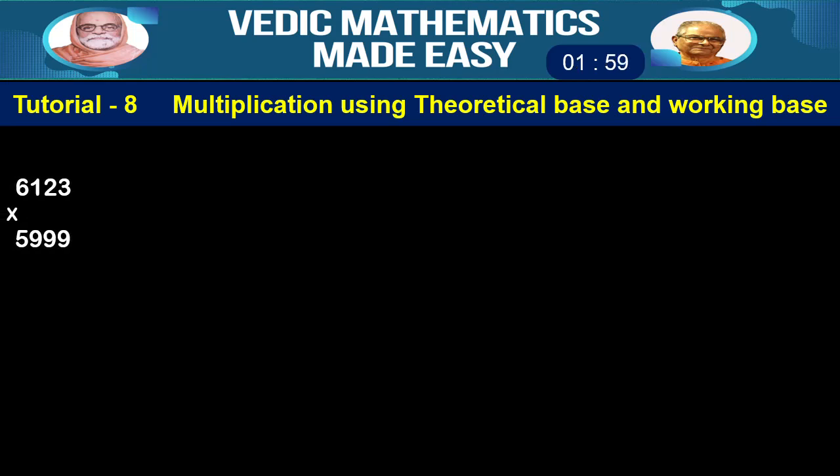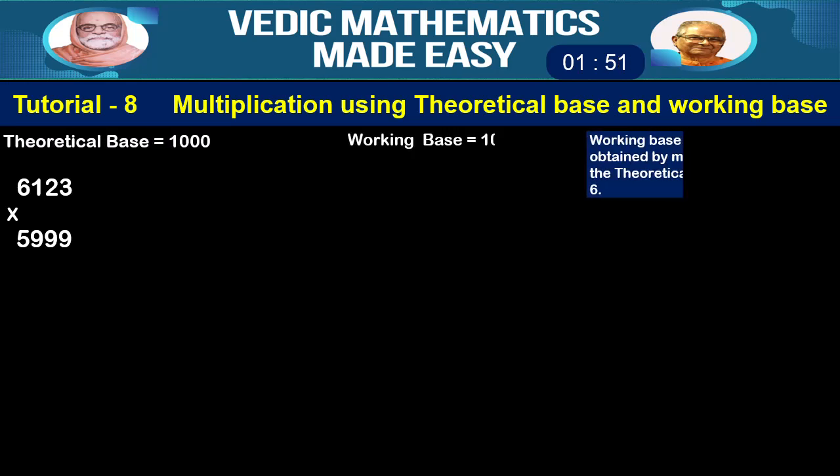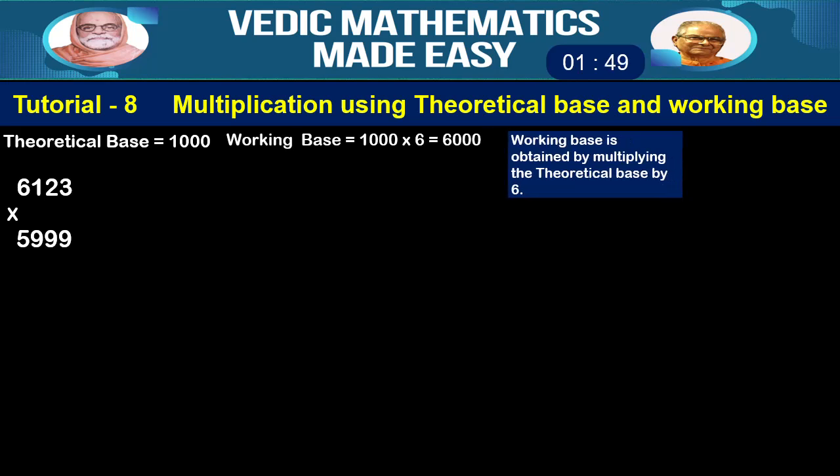We want to multiply 6123 into 5999. Theoretical base is 1000. Working base is 1000 into 6 is equal to 6000.